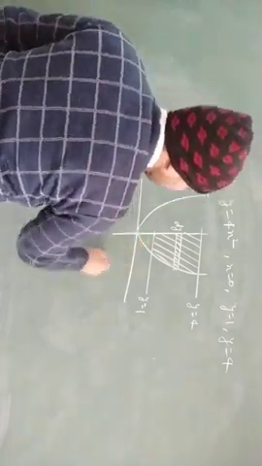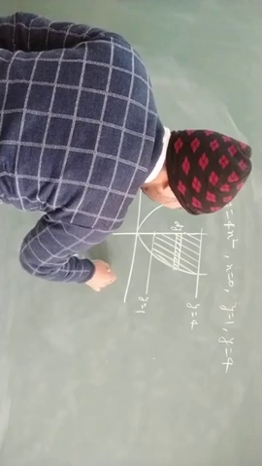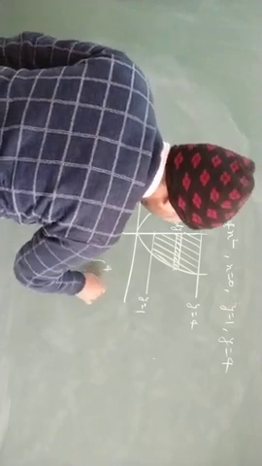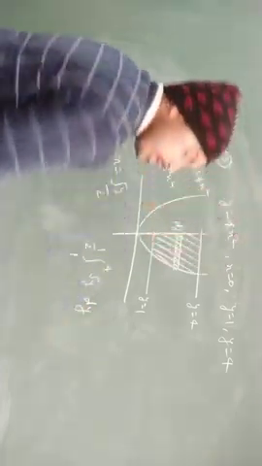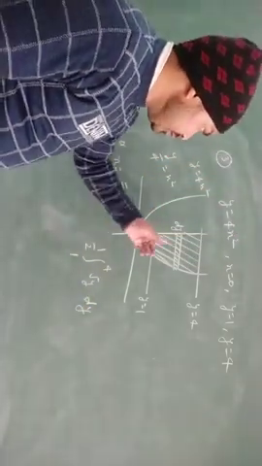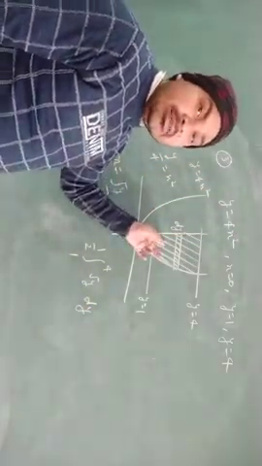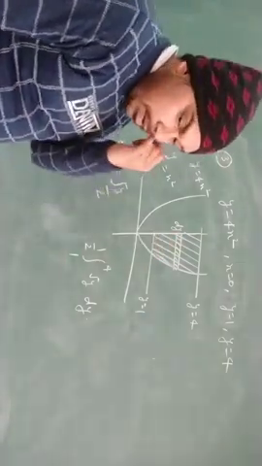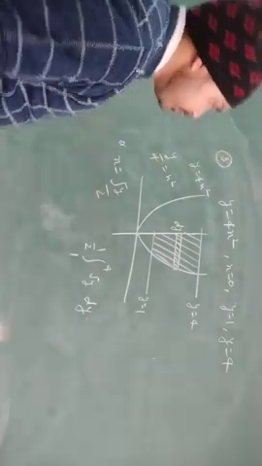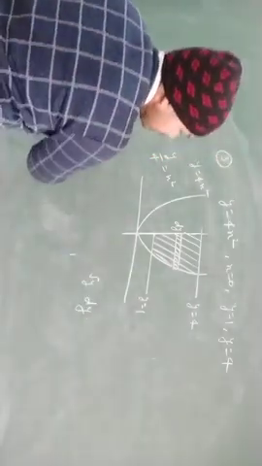So integration over 1 to 4 of root y, 1 by 2, into dy gives the area. And after solving this, we get the value of the area of this shaded region. Now moving forward to the next question.